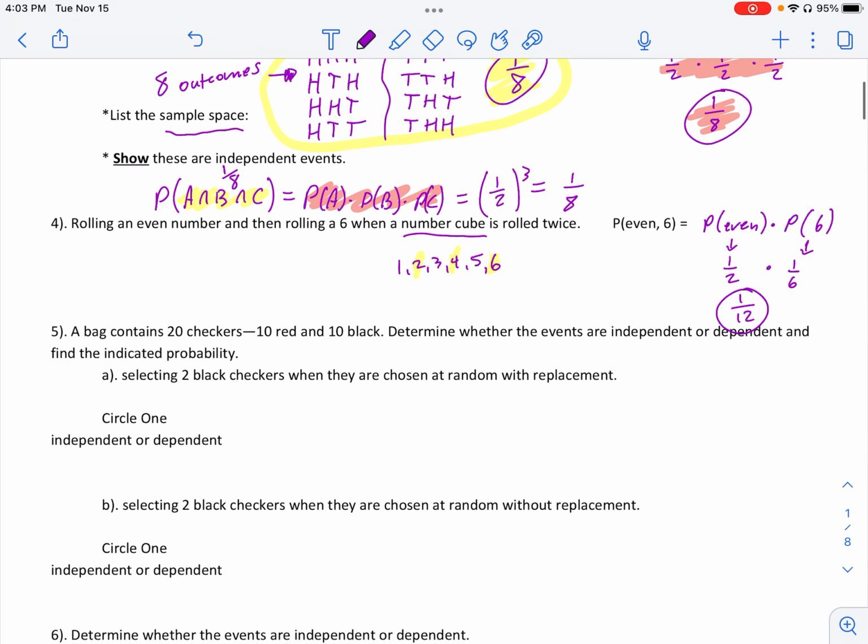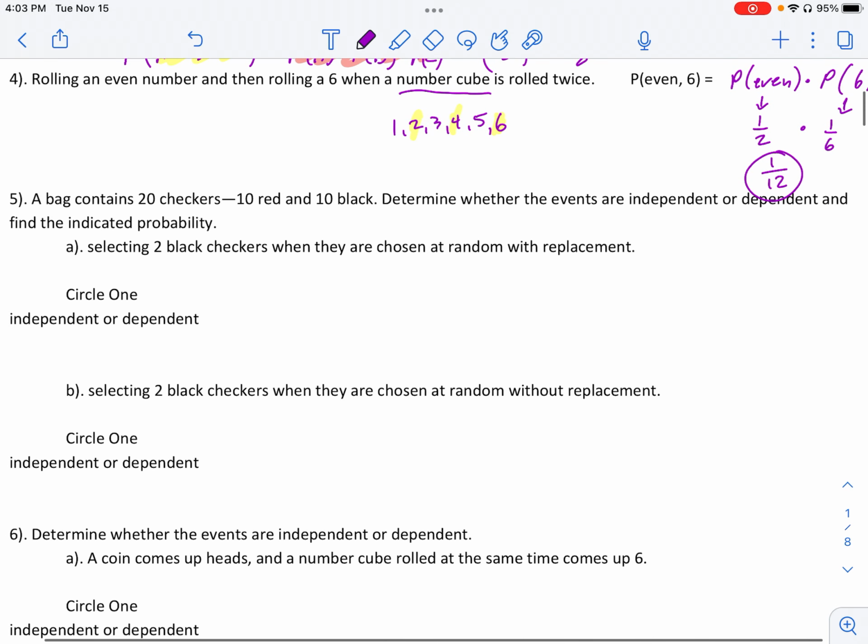Number 5, a bag has 20 checkers, 10 red checkers, 10 black checkers. Determine if these events are independent or dependent, and then find the indicated probability. We're going to select 2 black checkers when they're chosen at random. And then here's the kicker, with replacement. So when I take a checker out, it goes back.